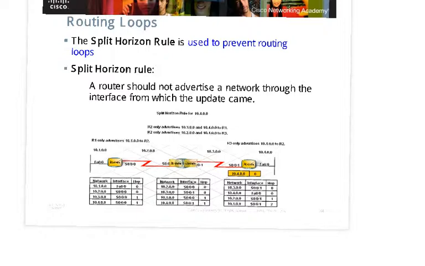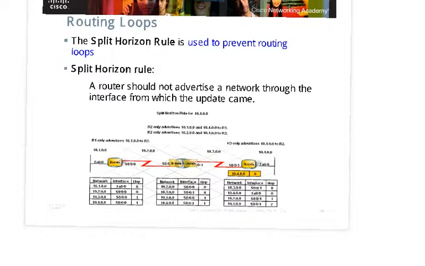This was the origin of the problem in the example that we talked about in the beginning of the lecture. Router 2 updated router 3 about this destination network 10.4.0.0. So this was the main cause.